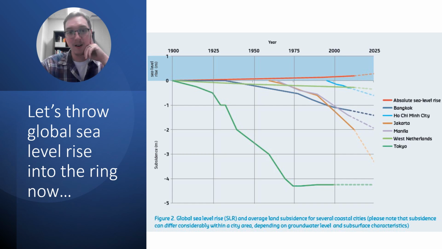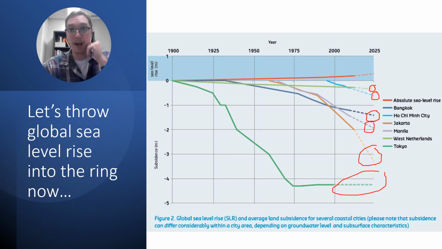If you are in places like Tokyo or Jakarta or Manila or Bangkok, Ho Chi Minh City, or the West Netherlands, you're having a bad time.